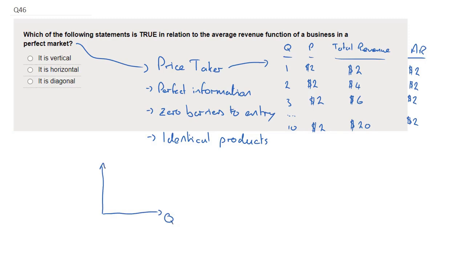Well, quantity is on the x-axis, revenue will be on the y-axis. We've got a price of $2, and every single one we sell will have an average revenue of $2. So the graph will be horizontal.